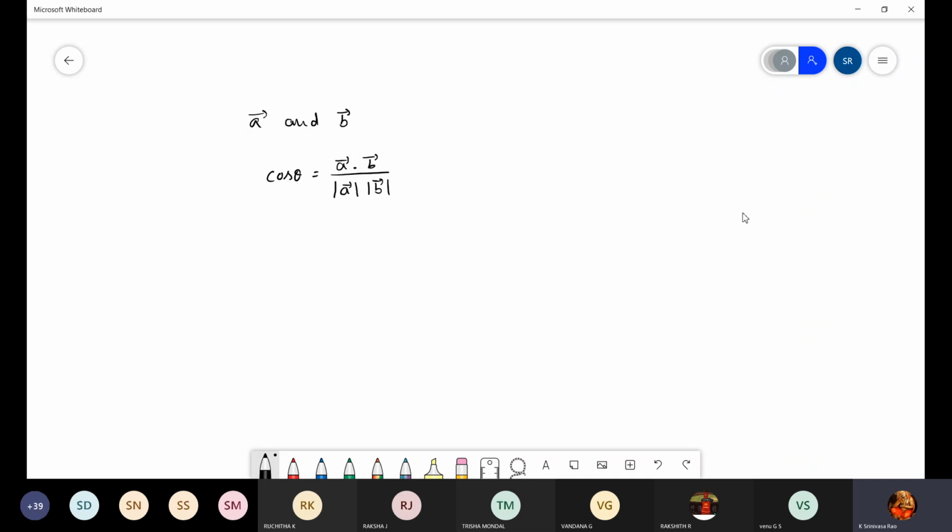We need two normal vectors, n1 and n2, and we will calculate the angle between these two. In place of A and B, you put n1 and n2. Vector n is equal to grad phi.